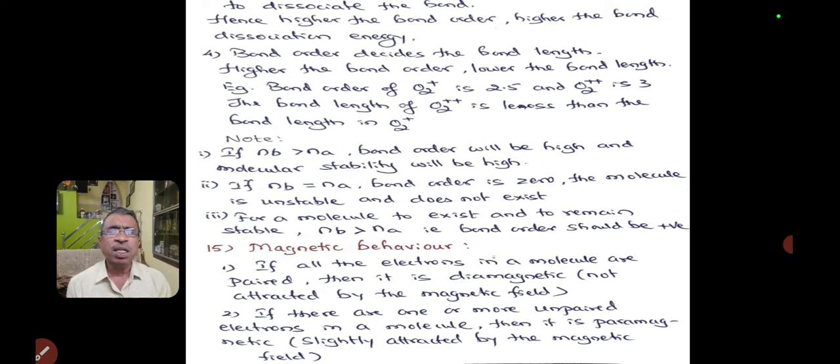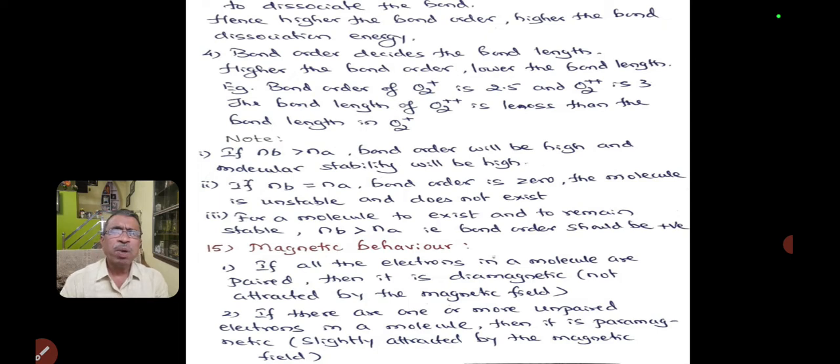Coming to the other terms, if the number of bonding electrons is greater than the number of anti-bonding electrons, then the bond order will be high and the molecular stability will be high.